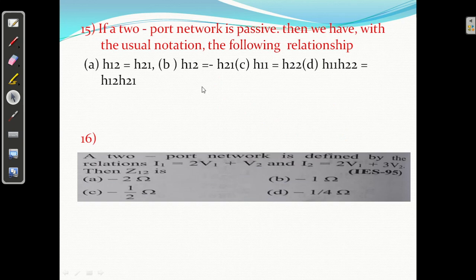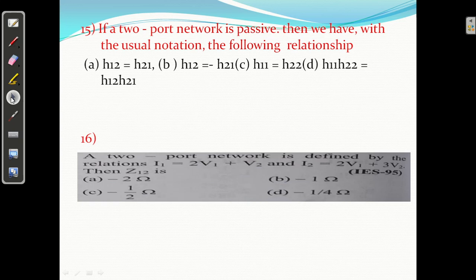Question number 15. If two port network is passive, passive का मतलब होता है reciprocal. Then we have with the usual notation the following relationship. If two port network is reciprocal or passive, then following relation कौन सा correct है?